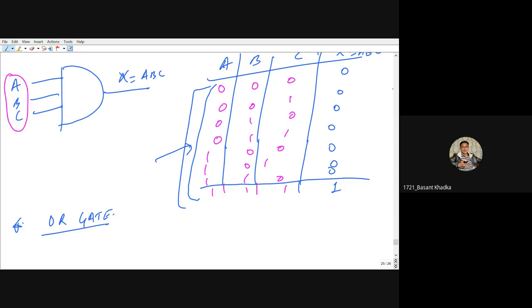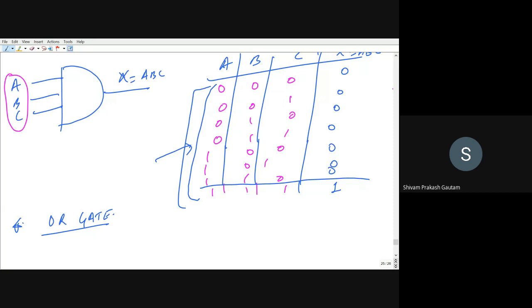You can take at first 1 0 1 1. Sir, she is asking, can we take 0 and 1 in that way or not? So whatever way you want, you can arrange it.